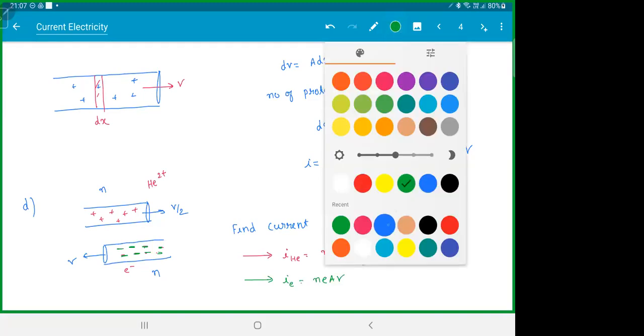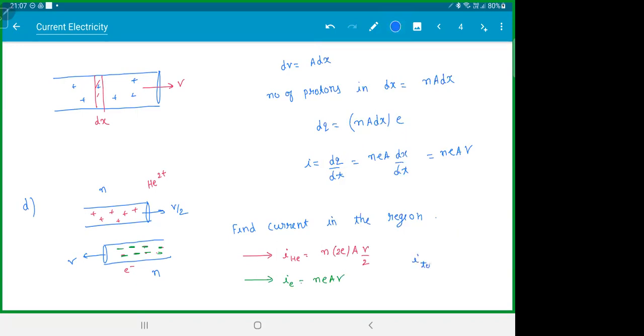So the total current will be, just add them, 2nAev. Current will be opposite to the flow of electrons. So both will add up in the same direction. And remember, helium 2 plus it is, so the charge is 2e. Getting this, everyone?